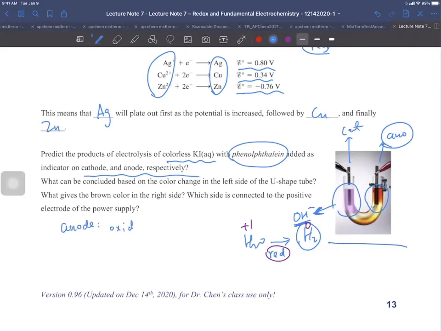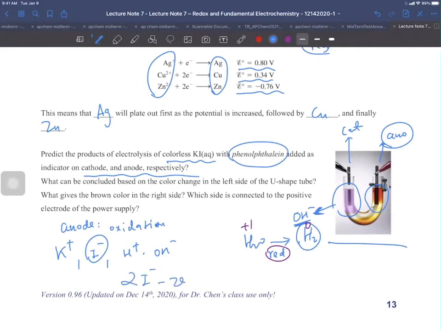oxidation. In the KI solution, we have K+, iodide, H+, and hydroxide. Which one will be oxidized? Based on the experimental observation, we can conclude that I- is oxidized.